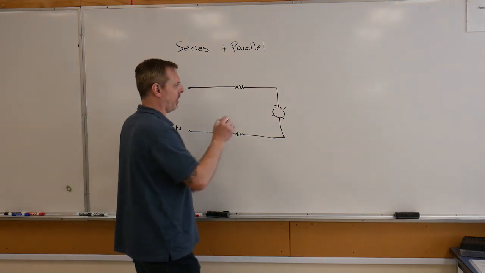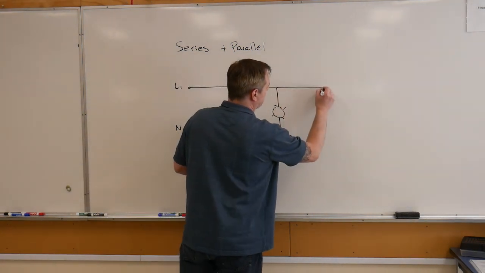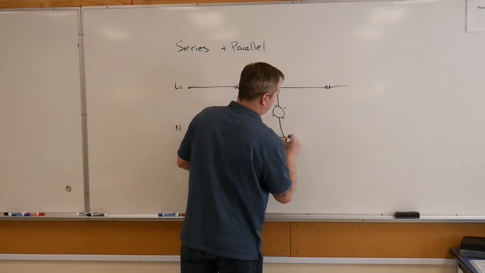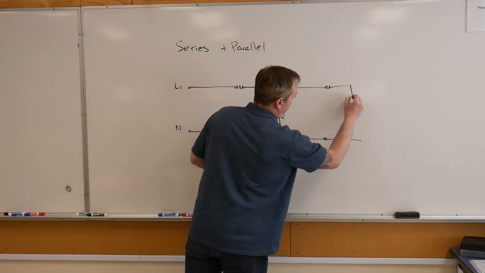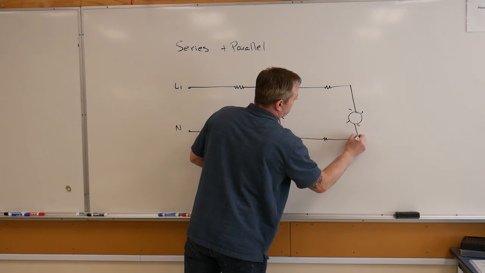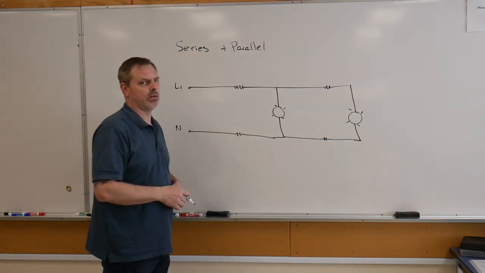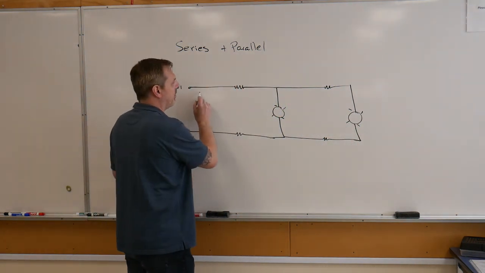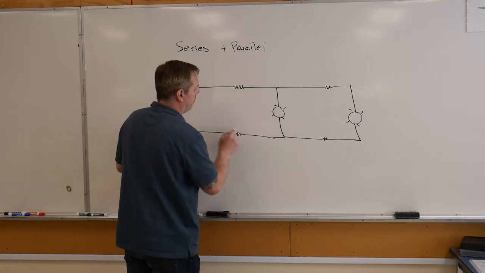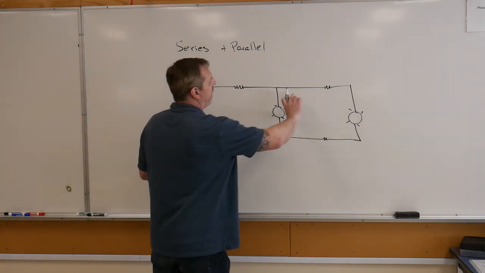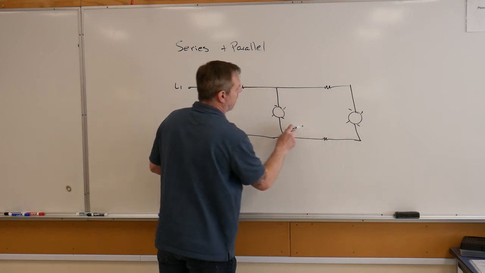However, what happens if we also splice in more conductors and head out to another lighting load? Now we have a series connected load put in parallel with another series connected load.